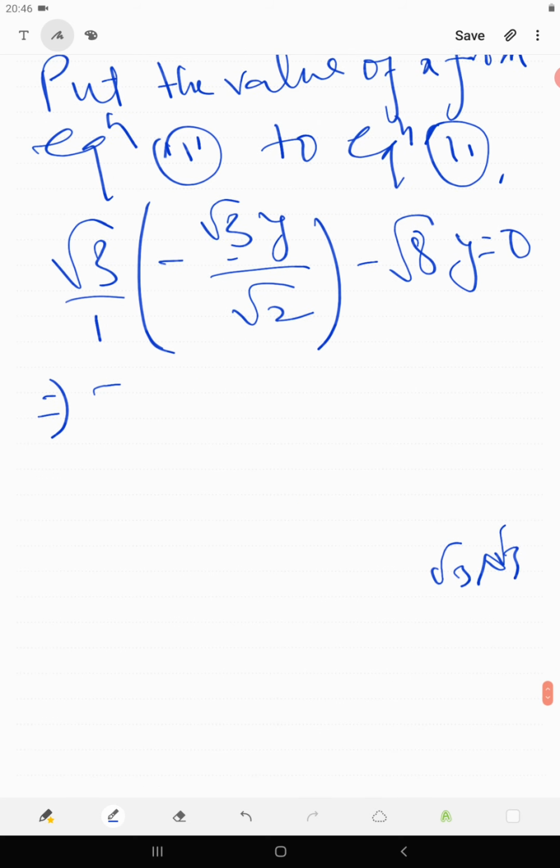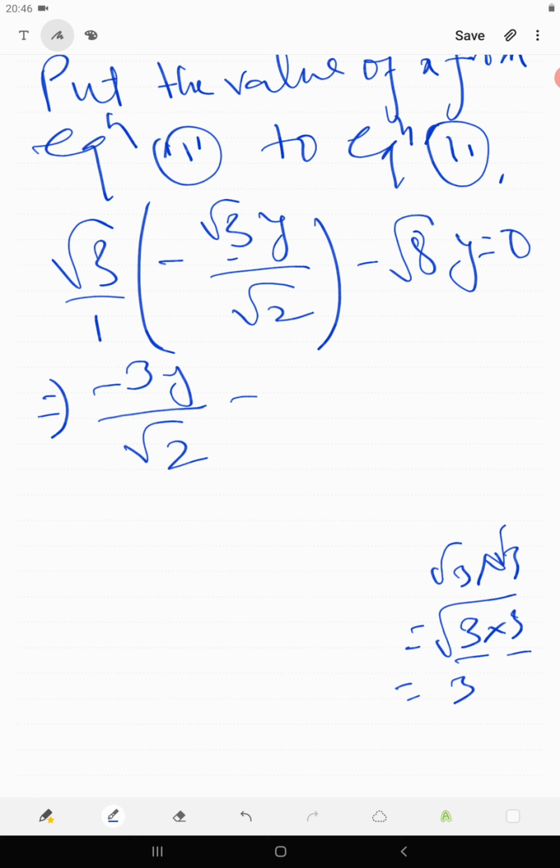So root x into root y is root under of xy. So this will be root under of 3 into 3. So it's a pair. So when the root is there and you have a pair inside, you can take one outside. So it will give you 3. So it will be minus of 3y divided by root 2 minus root 8y equals to 0.